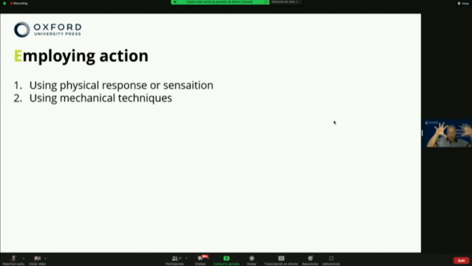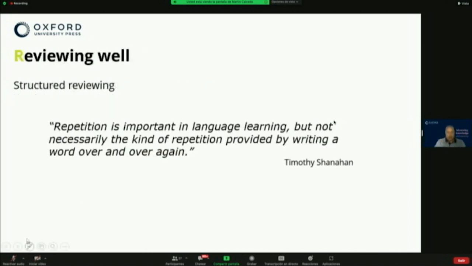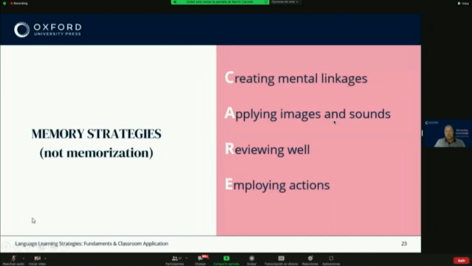So when we put together all these CARE strategies, we are actually and efficiently using memory strategies, not memorization. CARE: creating mental links, applying images and sounds, reviewing well, and employing action. We combine them all together into our lesson plans in a thoughtful, systematic, organized, and methodical way.